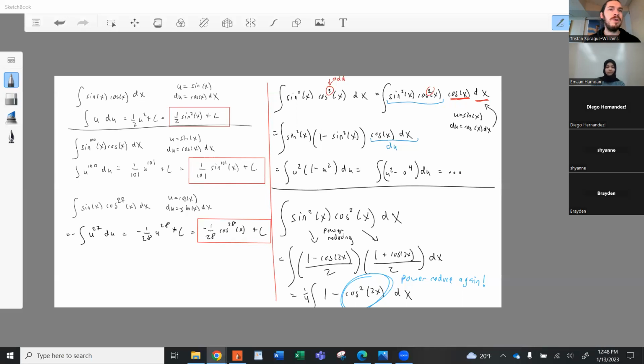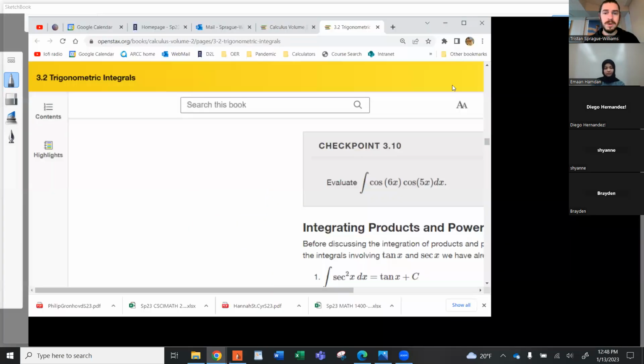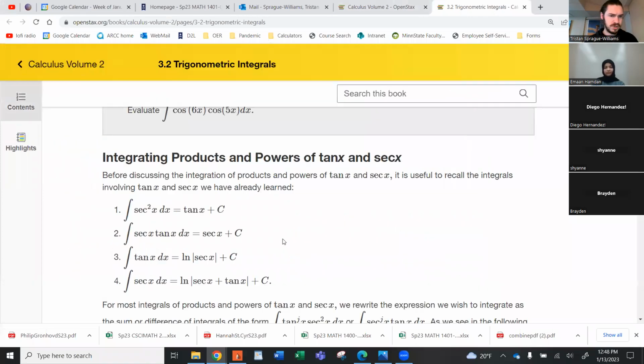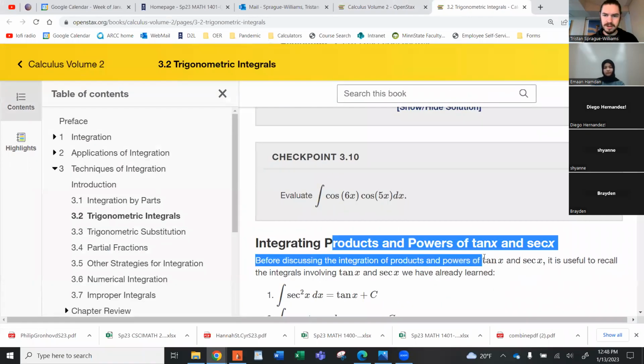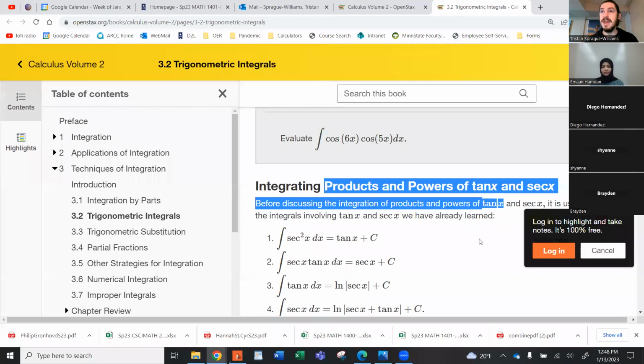We're talking about 3.2. The latter half of 3.2 is going through a similar kind of exploration of powers of secant and tangent. I'll just show you where I was going. So integrating products and powers of tangent and secant here.